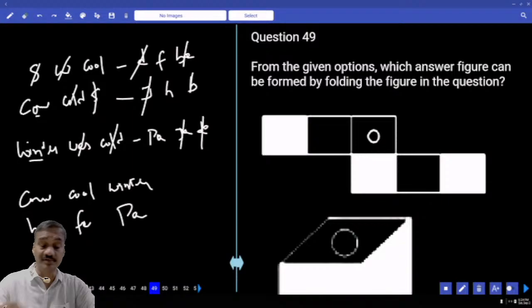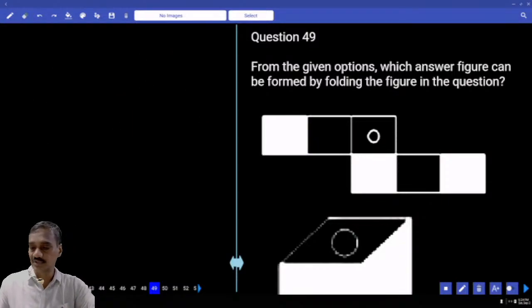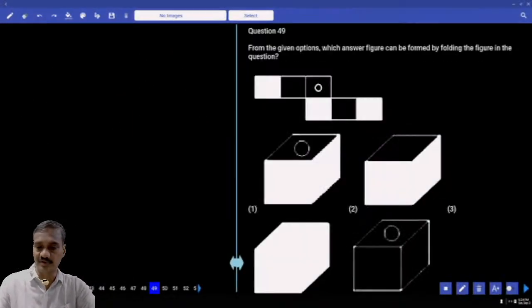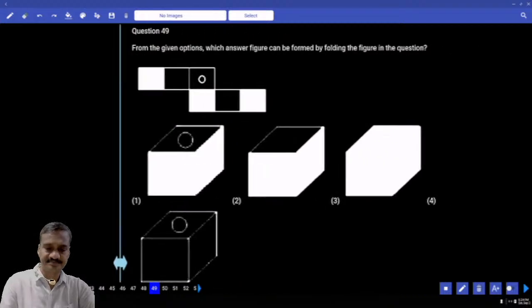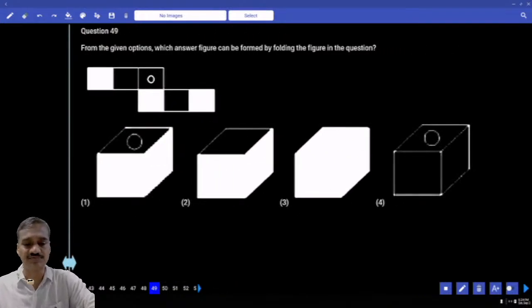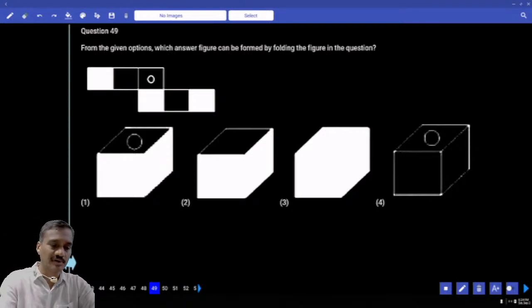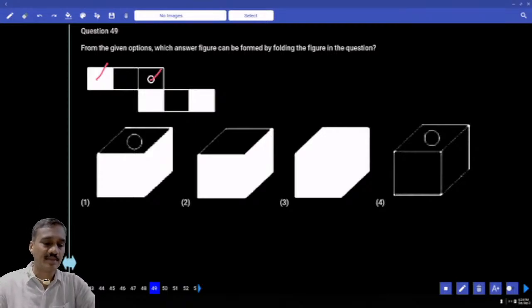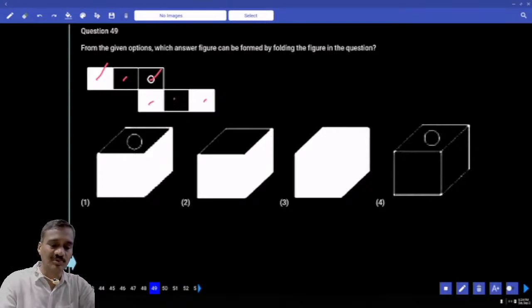Then the 49th one. From the given options, we need to find out which answer figure can be formed by folding the figure. By folding the figure, these two must be opposite to each other, and again these two are opposite, these two blacks are opposite.